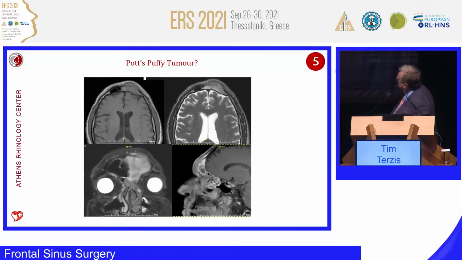This is the MRI, and you can see that it's a sort of polypoid mucosa which is enhanced in the periphery, and we have this swelling in the soft tissues just in front of that.